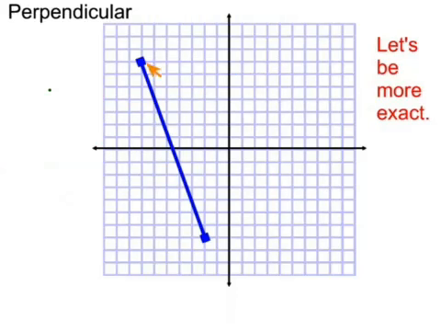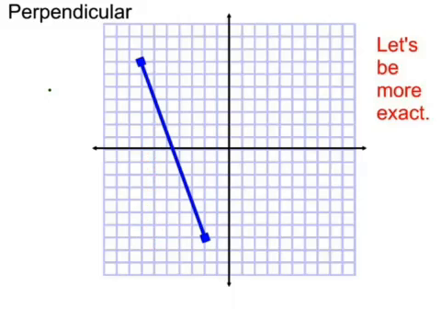So here we have another blue line. Let's figure out the slope of this. It looks like it goes through this point right here, but we better not guess that. Let's only use these two. So we're going to go down 1, 2, 3, 4, 5, 6, 7, 8, 9, 10, 11, 12, 13, 14.